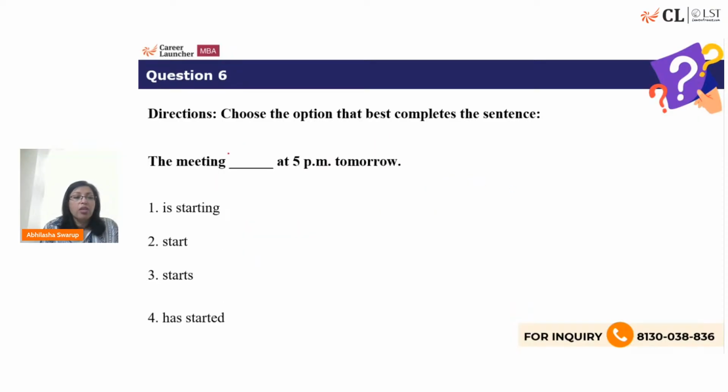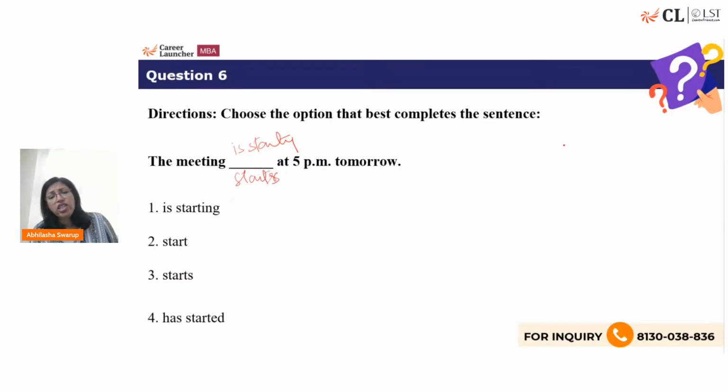All right. The meeting is starting, starts, has started. Okay, I'm waiting for your answer. So, okay, the meeting is starting at 5 p.m. tomorrow. The meeting starts at 5 p.m. tomorrow is also not incorrect. Please understand.